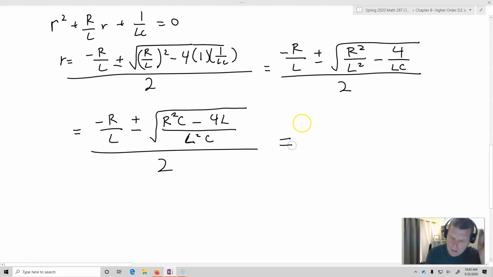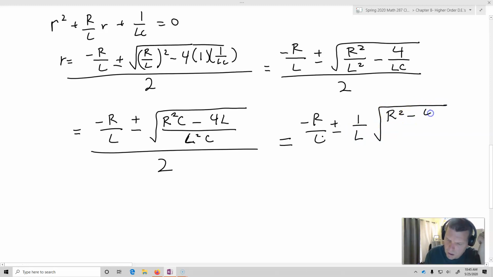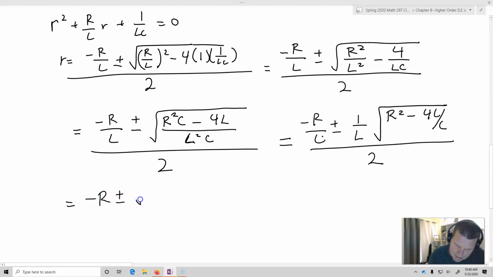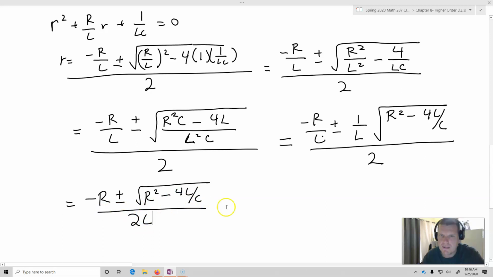This is now going to equal negative R over L plus or minus, and I'm actually going to be able to pull out a 1 over L squared. So it's going to be 1 over L times the square root of R squared, and I'm going to divide through by C, minus 4L over C, divided by 2. Okay? And so that's your function. All right? Now we'll just pull the L down to the bottom, and that's going to give me negative R plus or minus the square root of R squared minus 4L over C, and that's what r equals. Okay, so that's going to give us the values for our r.